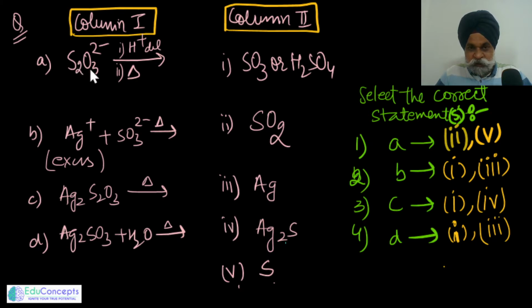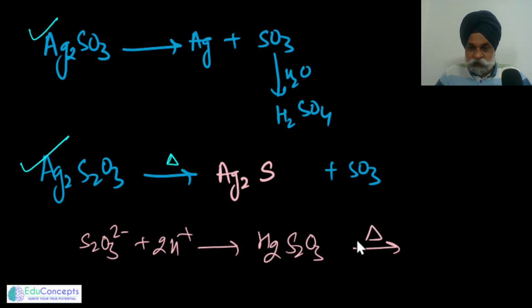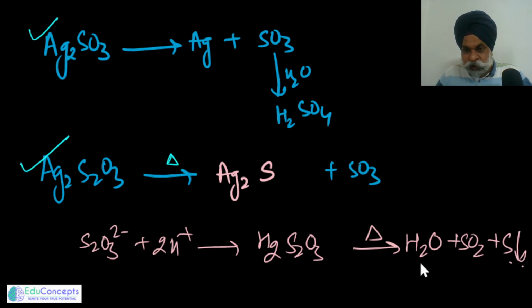So thiosulfate ion when heated with H positive: S2O3 2 negative plus 2H positive goes to H2S2O3, which is to be heated. When it heats, it goes to water, SO2 and sulfur, and this got precipitated. I think it makes sense. Yes, it is making sense. So these are the species which you would get: water, SO2 and sulfur.